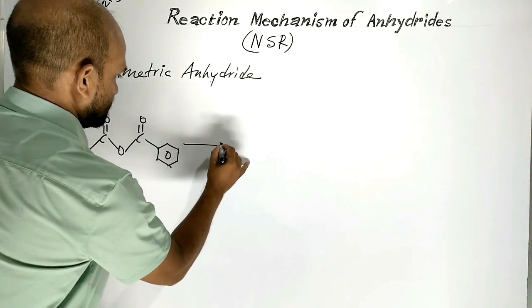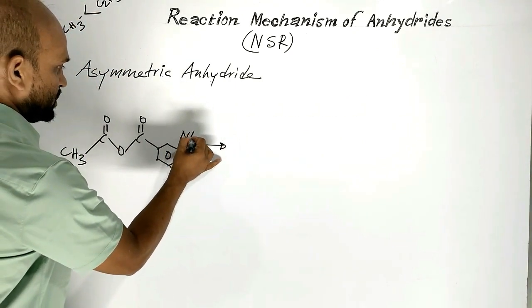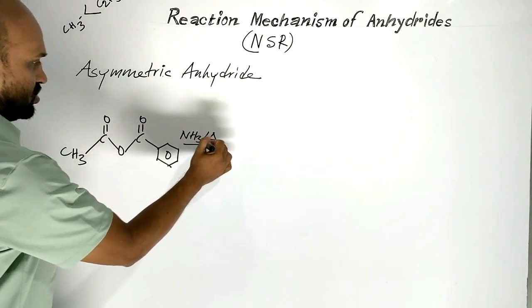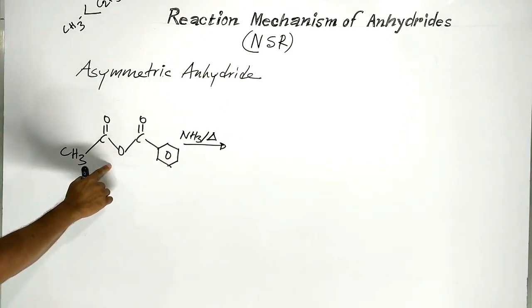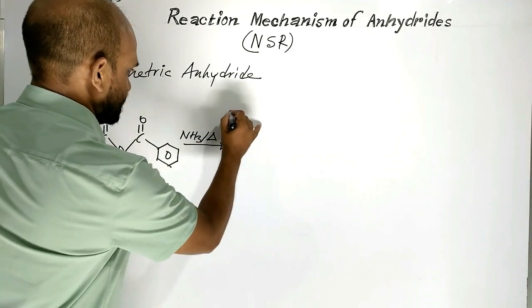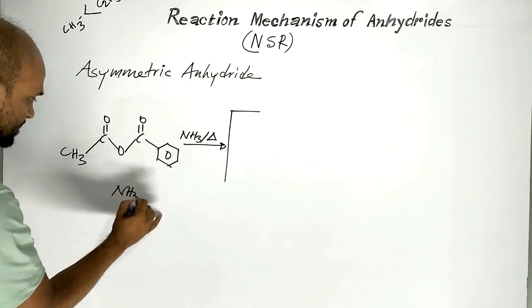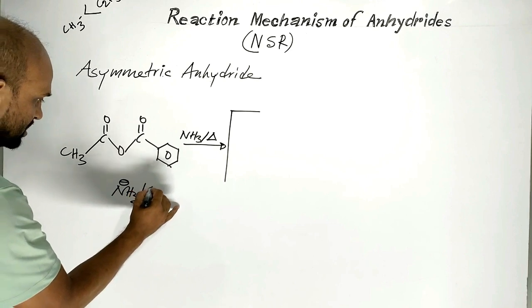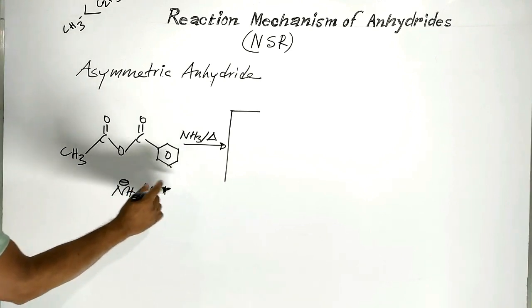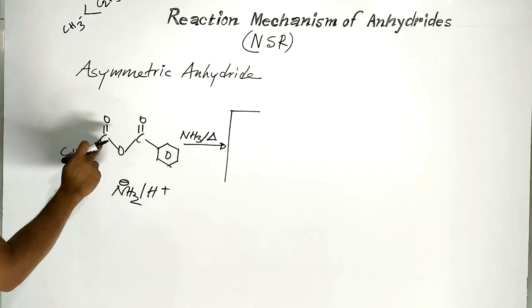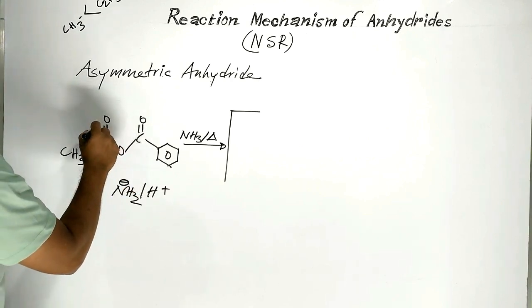When this is treated with ammonia, on heating, this anhydride produces products in this way. Splitting of ammonia is simply like this: azanide ion and proton. Which carbon will be attacked by the nucleophile? This carbon or this carbon?